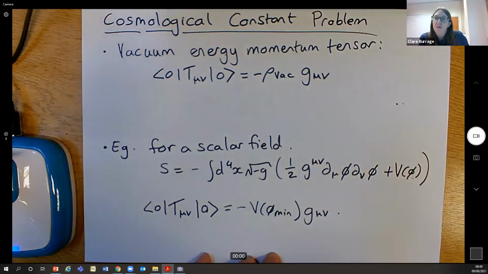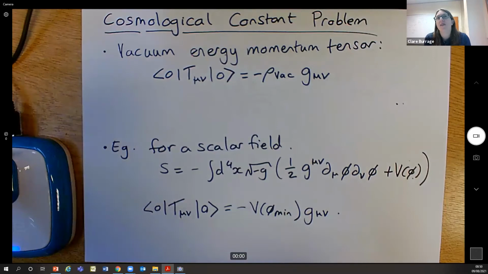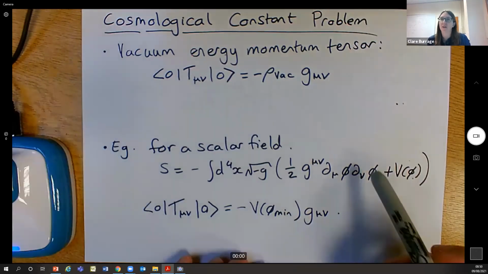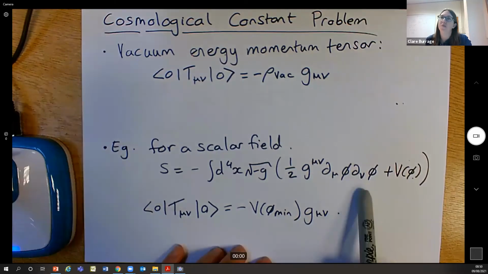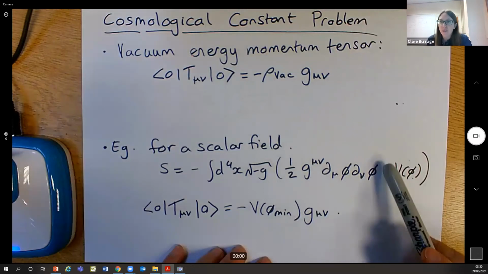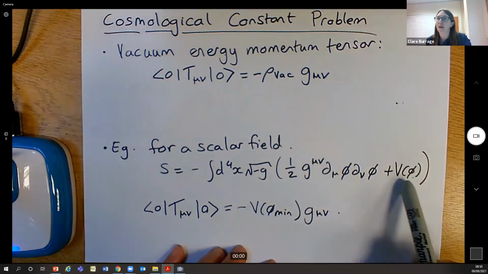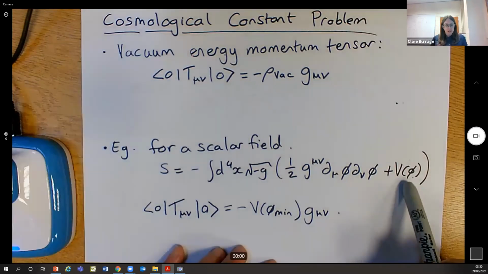And then we ask, what is the vacuum contribution of my scalar field? If it's in vacuum, I shouldn't have any gradients of my scalar field because the vacuum should be the same everywhere. So all dependence on gradients of the field should disappear. And in order for that to happen and the equations of motion to be satisfied, my field had better be living at the minimum of its potential everywhere.